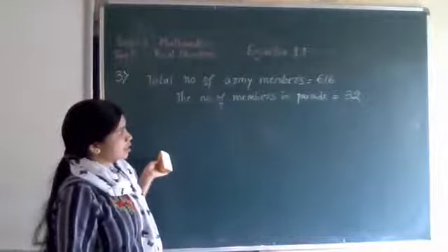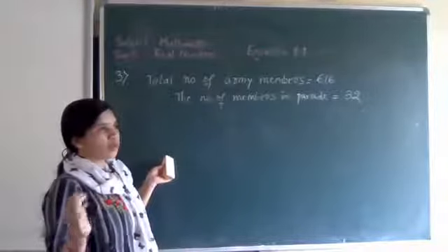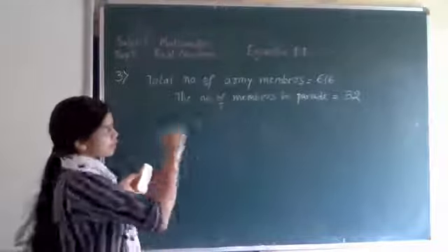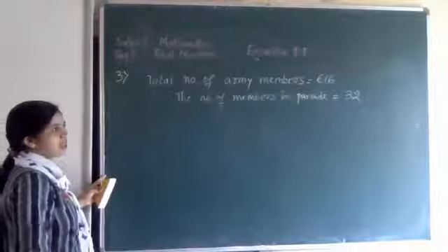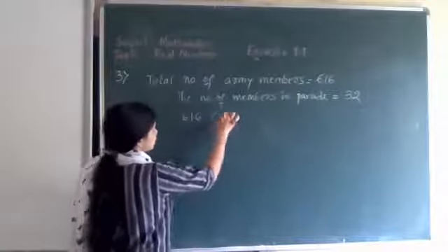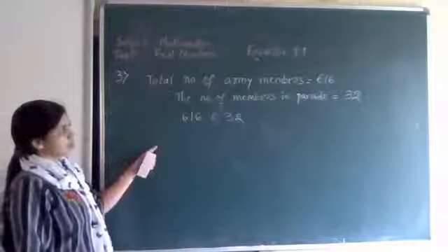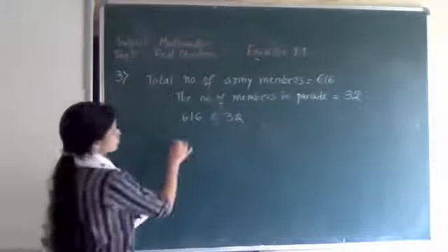Divide 660 into columns. How many columns do we have to make with 32 members? We have to find the HCF of 660 and 32 to find out the columns of the members.